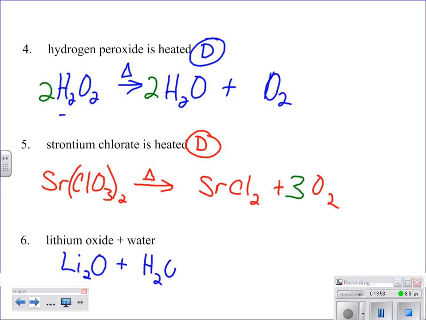I'm going to write it H2O. But if you prefer in your head to be thinking about it as HOH, because you're thinking about those individual ions, that's fine. I don't know that I needed to do that, but we talked about that yesterday with one of the situations.